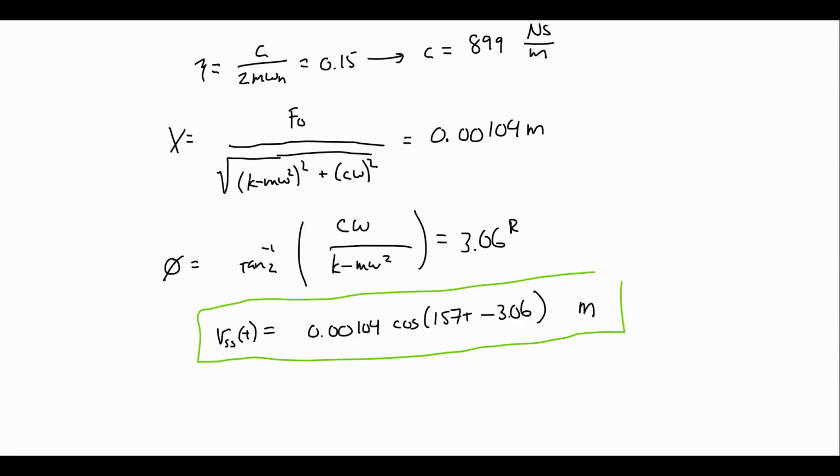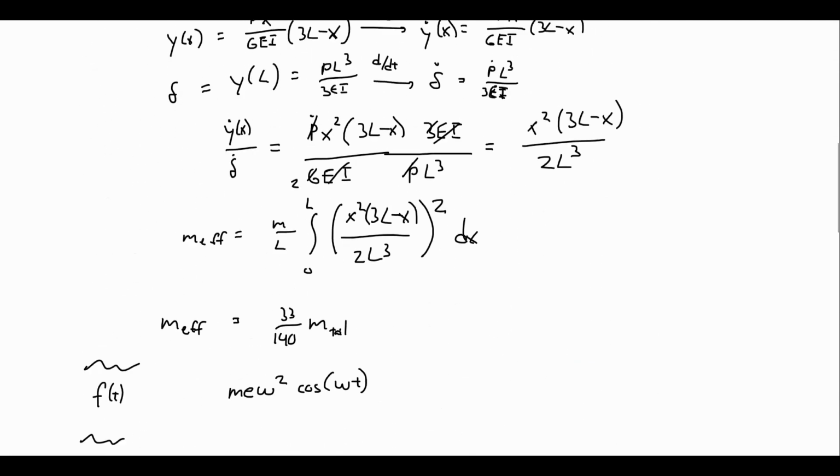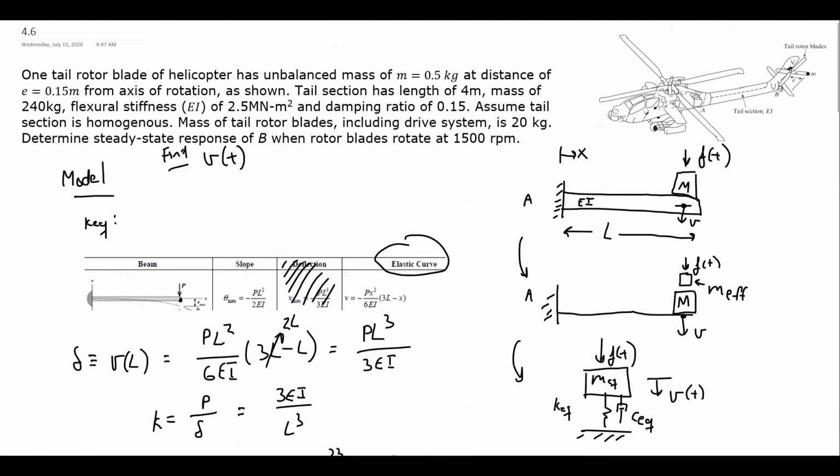Going back to the top, this is what we were trying to find. Actually, more specifically than v of t, we only want the steady state response, so v_ss of t. And do note, for the weight of the tail rotor blades, I'm assuming that that 0.5 kilograms is included in the 20 kilograms. If it's not, it'll be a small adjustment. It would increase our effective mass a little bit by half of a kilogram and change the results only slightly.